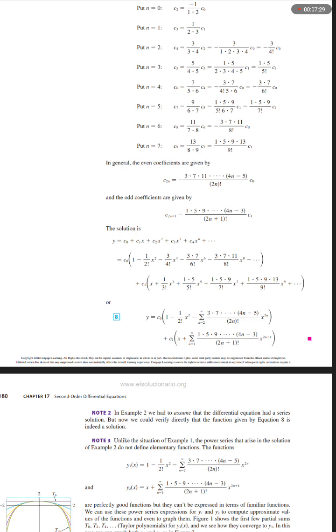In general, the even coefficients are given by c_2n equals negative 3 times 7 times 11 times ellipsis times (4n minus 5) over (2n) factorial c_0, and the odd coefficients are given by c_(2n+1) equals 1 times 5 times 9 times ellipsis times (4n minus 3) over (2n plus 1) factorial c_1.